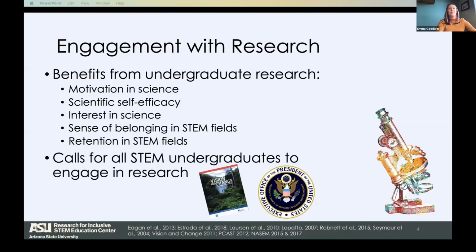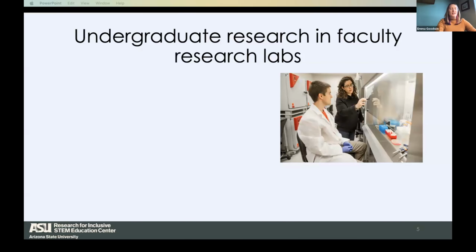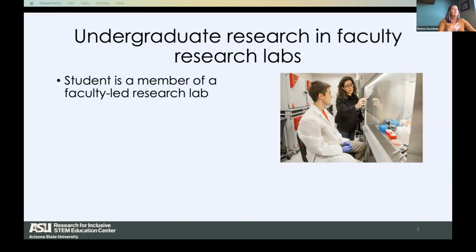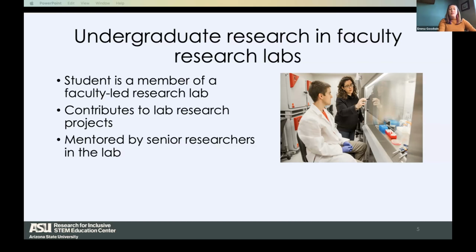And because of this, there have been multiple calls for all STEM undergraduates to engage in research experiences. Traditionally, in research experiences in faculty mentored research labs, a student is a member of the research lab. They're contributing to a lab research project. They're mentored by senior members of the research lab, maybe the PI or grad students or senior undergraduates.